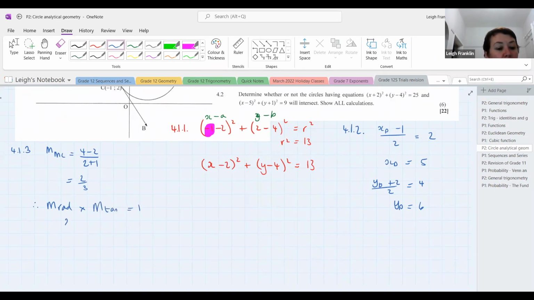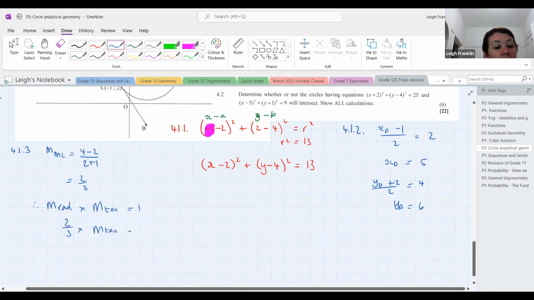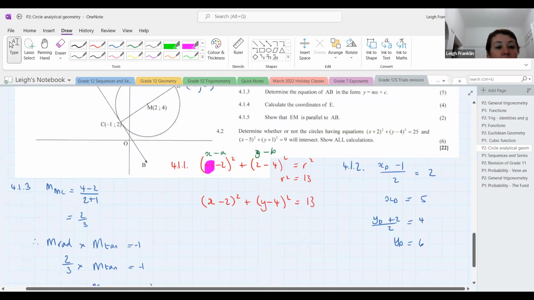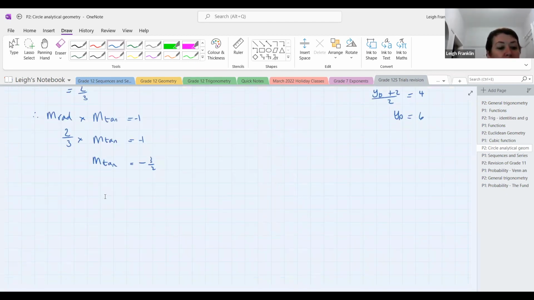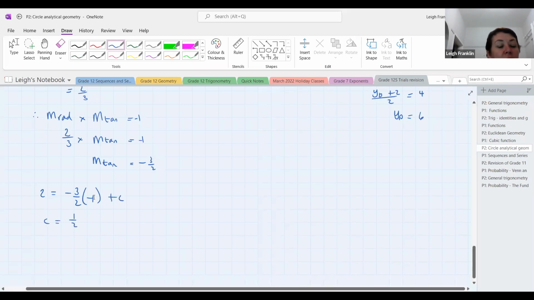So if the gradient of the radius is 2/3, then the gradient of the tangent has to be -3/2. Okay, and then subbing into y equals mx plus c using the coordinates at C, so 2 and -1, we would have said 2 equals -3/2 times -1 plus c. And that meant that c was equal to 1/2.